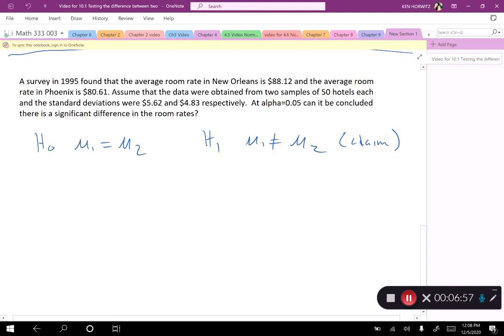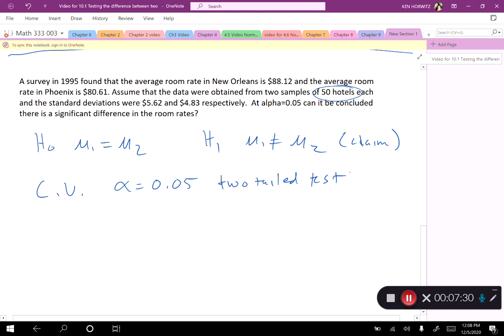All right, so now we need the critical value. Because we have our standard deviations known, as well as a large sample size, we're going to use the z-table with alpha equals 0.05. It's a two-tailed test.